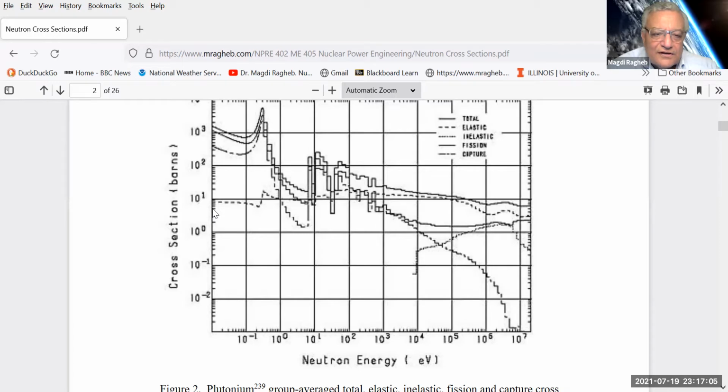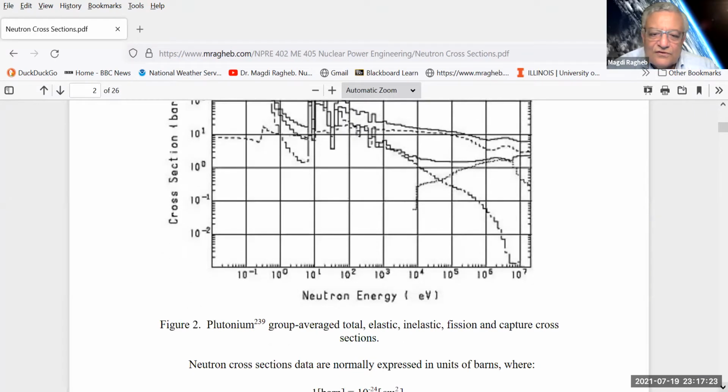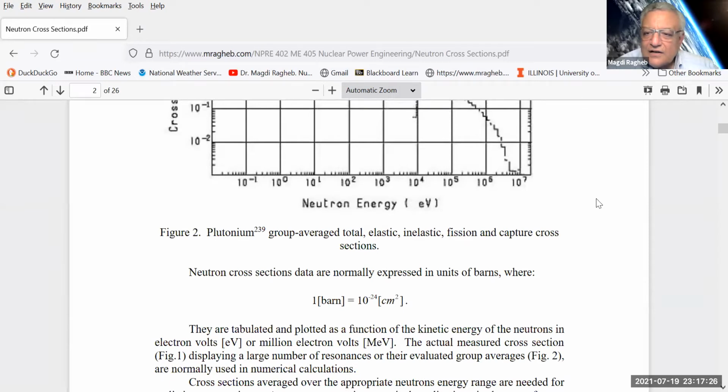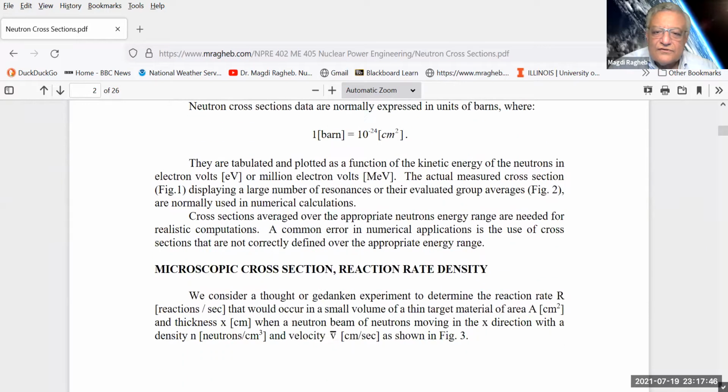So logarithmic scales are used when you have a very, very large range. We cannot use a linear scale. We use a logarithmic scale. It goes by factors of 10. So it's a log-log scale where we plot those cross sections. And the unit that we use is the barn. If you go to the chart of nuclides and extract cross sections for calculations, you'll find that they're given usually in barns. The X scale is either the electron volt or the million electron volt unit of energy, of kinetic energy of those neutrons in general.